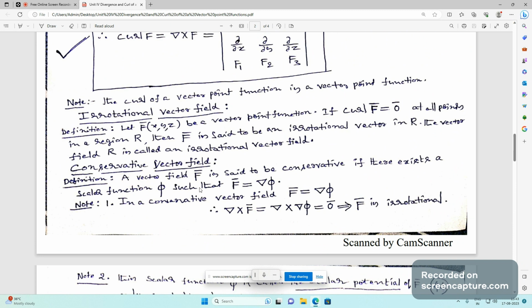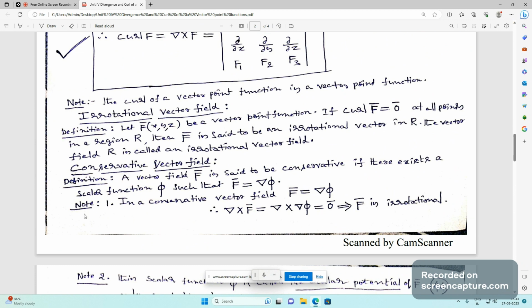Conservative means there exists a scalar function pi such that f bar can be written as the gradient of that scalar function. Then such a scalar function is called a potential. The field can be written as the gradient of some scalar function, and the function is called the scalar potential.